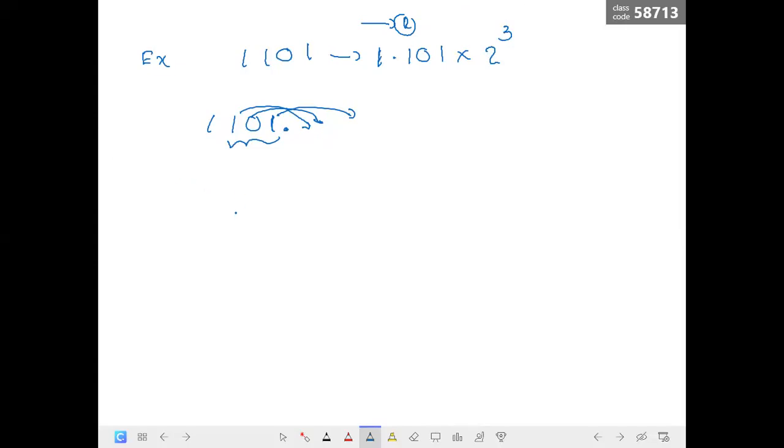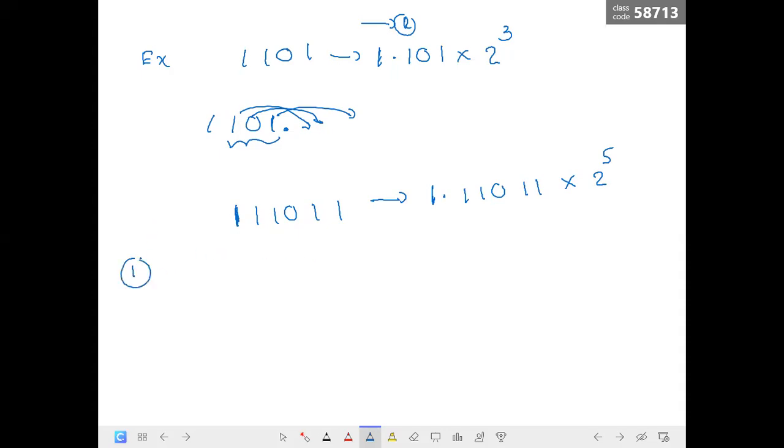We can have an example like 1 1 1 0 1 1, right? If I want to represent this in normalized way, I have to keep only this one at the left side of the decimal point, and I have to move others, 1 2 3 4 5, 5 numbers I have to move. Then as I move 5 numbers towards right side, I have to write 2 to power 5, right? So then do these exercises.